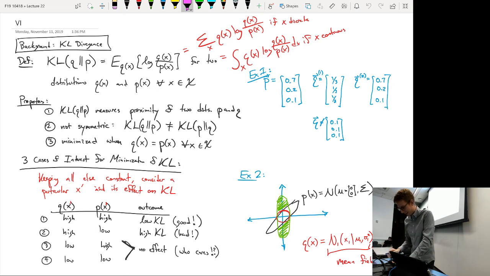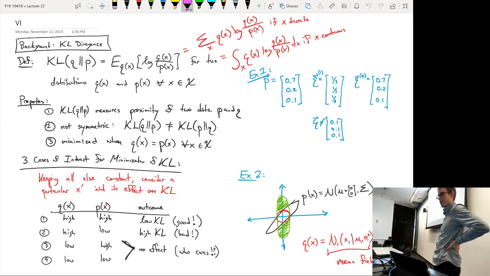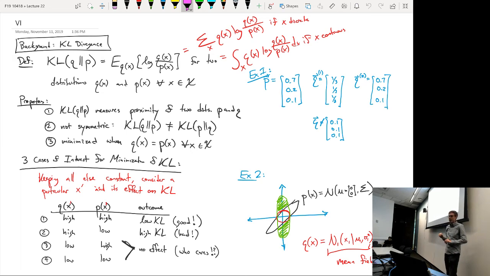So where do we go from here? Question. In this case, the objective is to minimize the KL divergence between P and Q, right? Why didn't it just choose a diagonal one? Oh, because I defined Q of x here to be the product of two one-dimensional Gaussians.